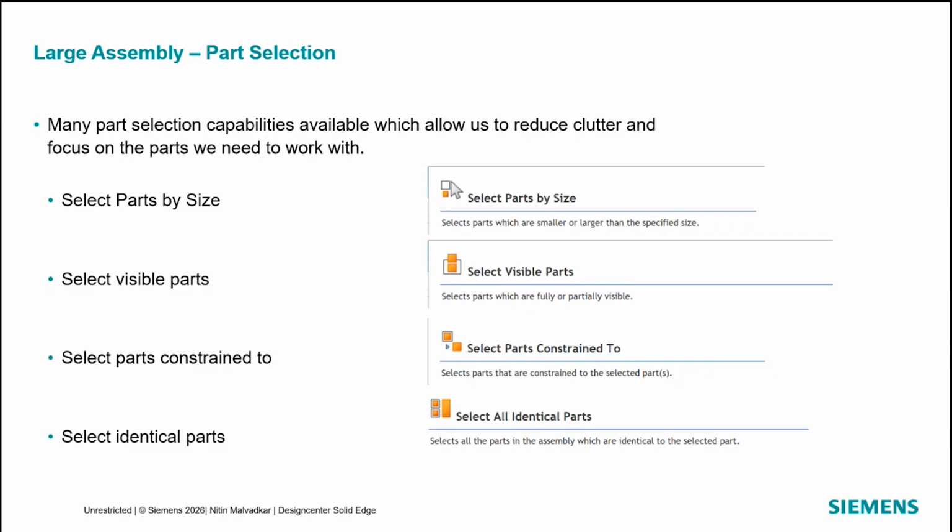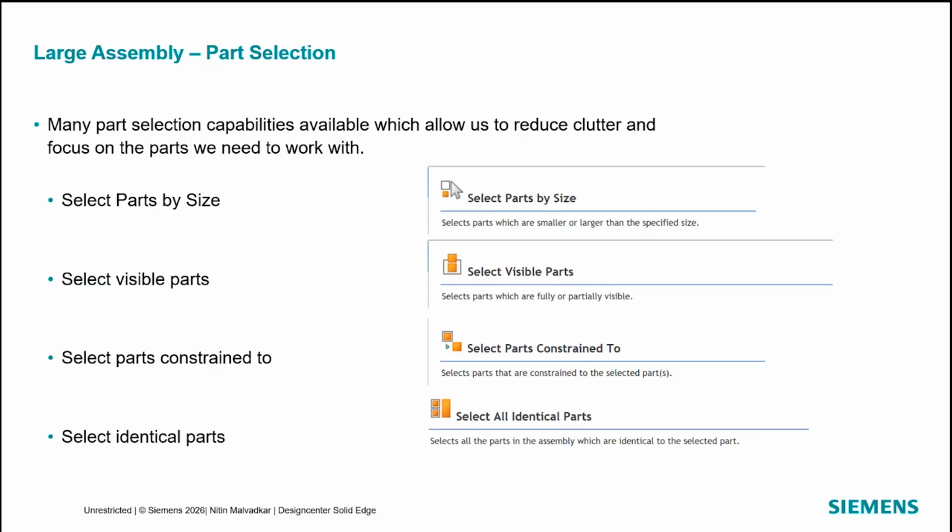We can also select parts which are constrained to a specific component. So let's say you have a particular component and you have already assigned some other parts or other sub-assemblies which are specifically constrained to that part. You can use this option. And finally, we can quickly select identical parts and assemblies across the assembly.